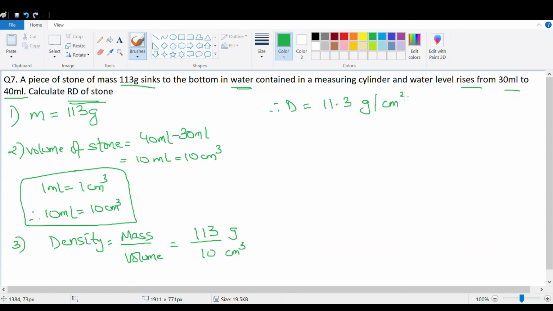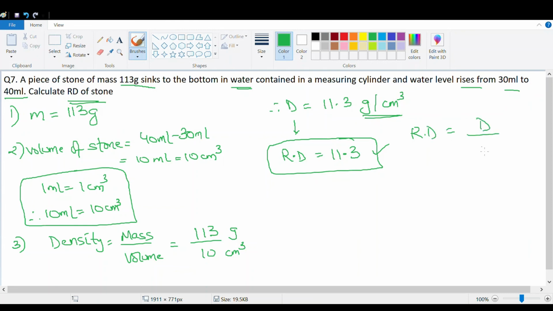And we know if I need to convert density into relative density, and the density is given in the CGS unit, the relative density is exactly the same except for the unit, because relative density is density upon density of water, which means this would be 11.3 upon 1, which is nothing but 11.3. And obviously relative density does not have any unit because it's basically a ratio.